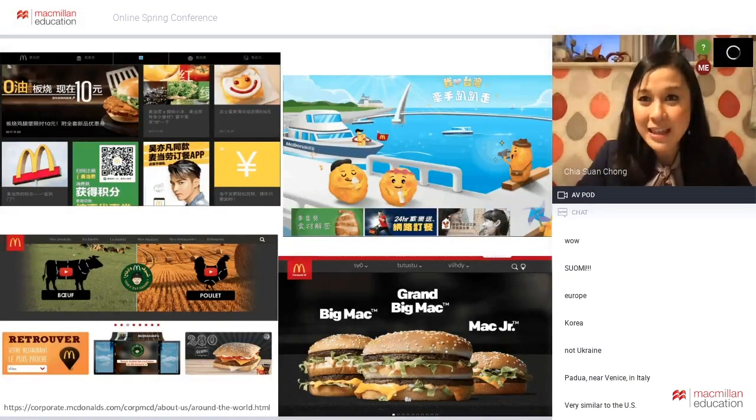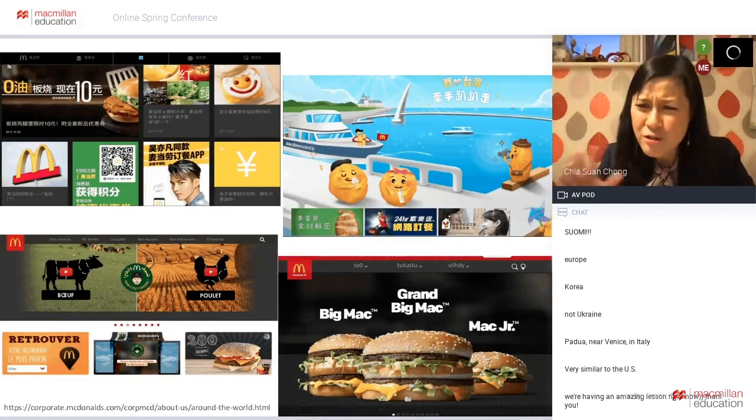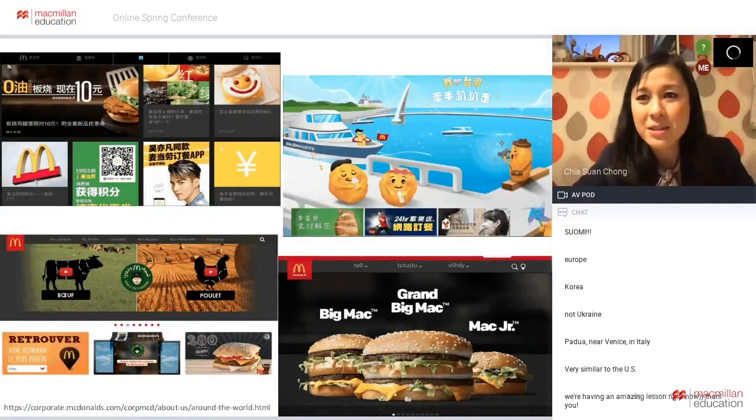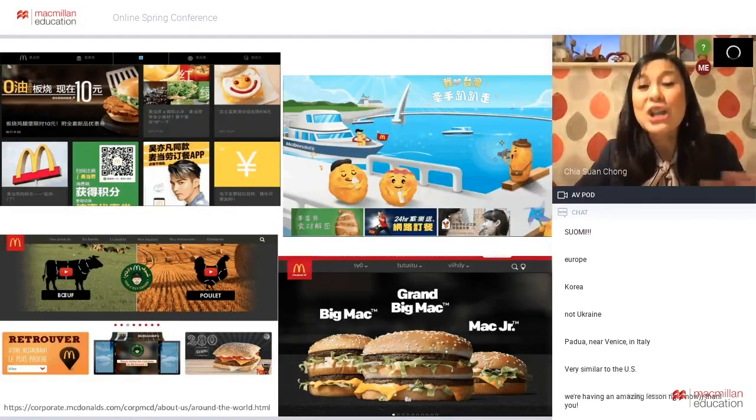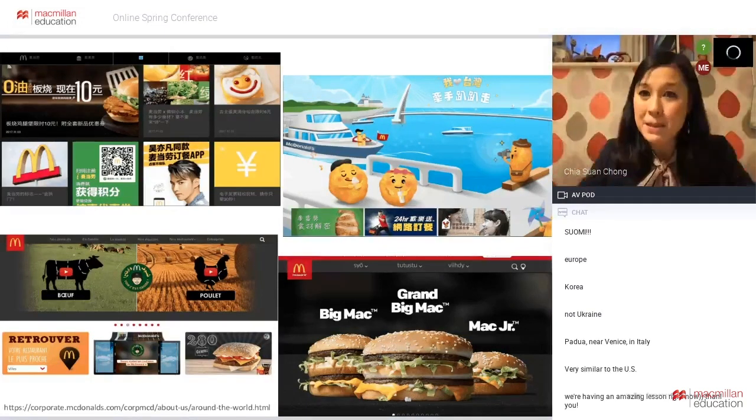People suggest that because the Finnish have a very deep-seated distrust of global companies that are trying to market stuff and sell them stuff, and so to overcome this distrust, McDonald's has decided as a marketing strategy not to use marketing messages because they're not going to trust it anyways, but to simply keep it simple.